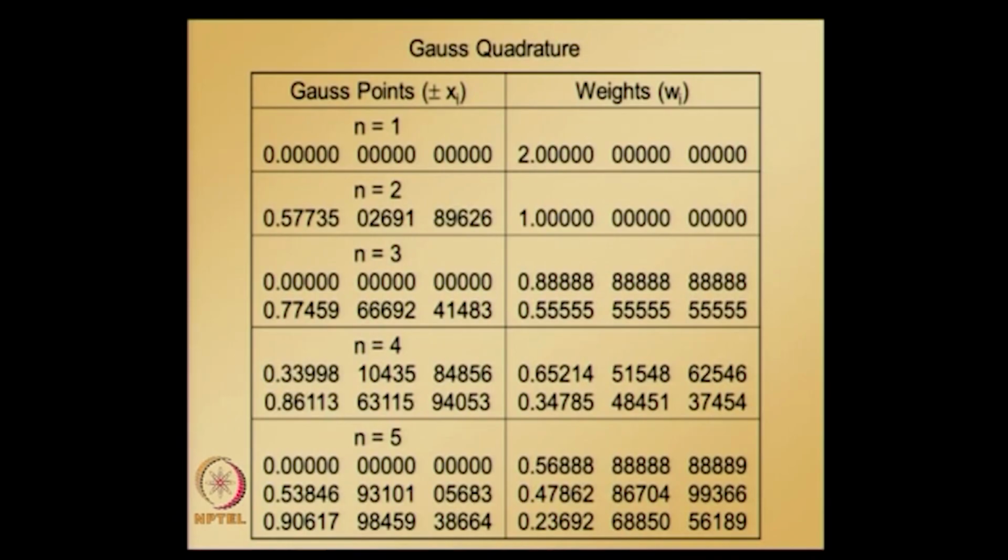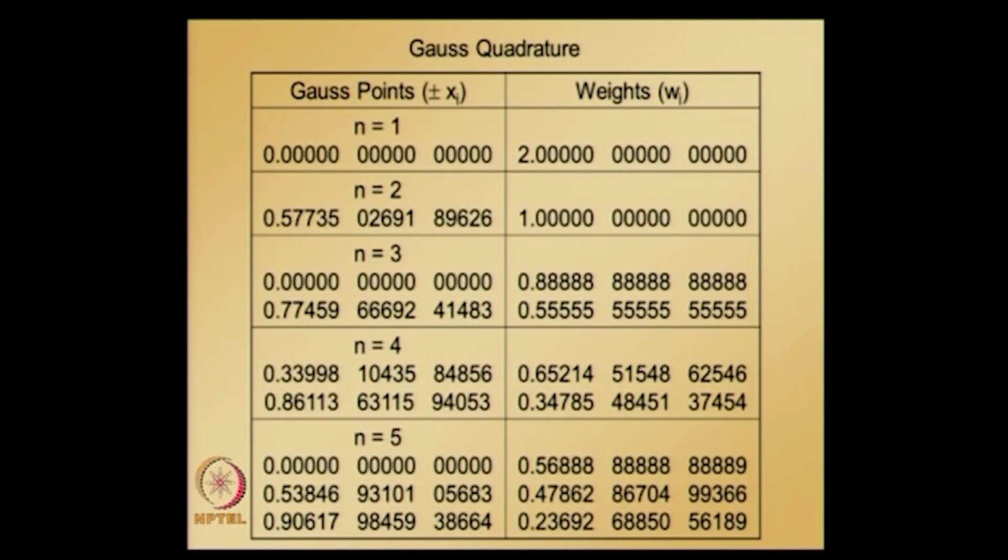Depending on the number of significant digits that you require for accuracy, you can select all the significant digits or chop it off after a certain number of significant digits.